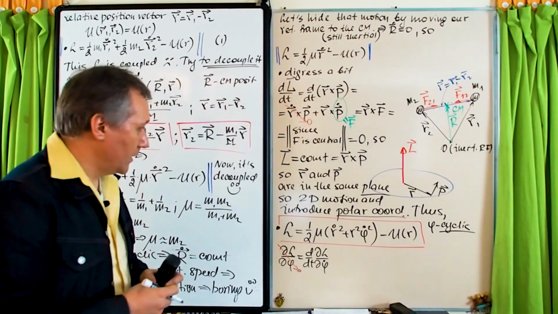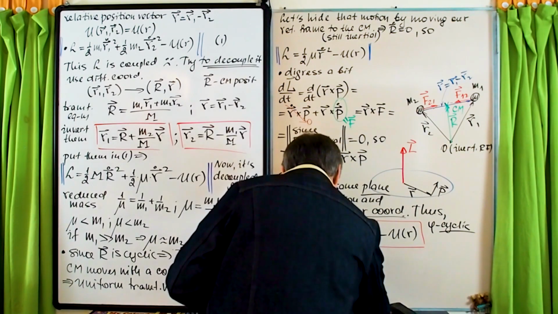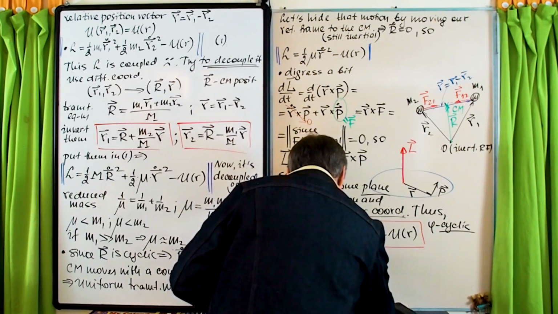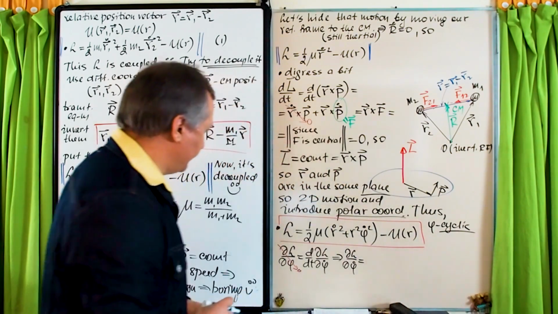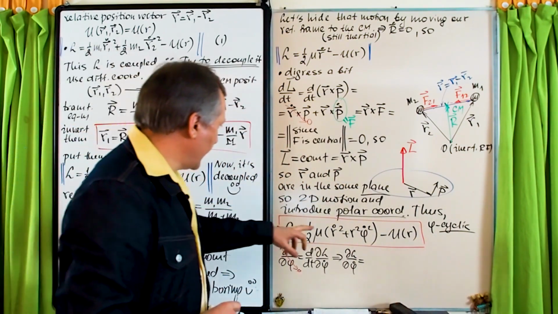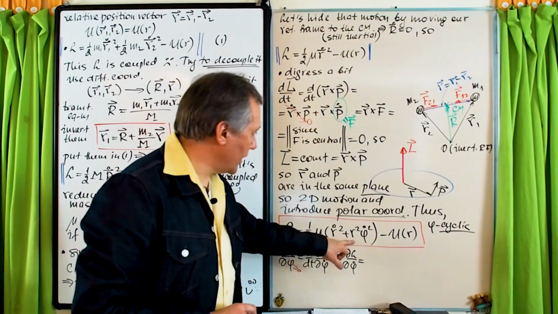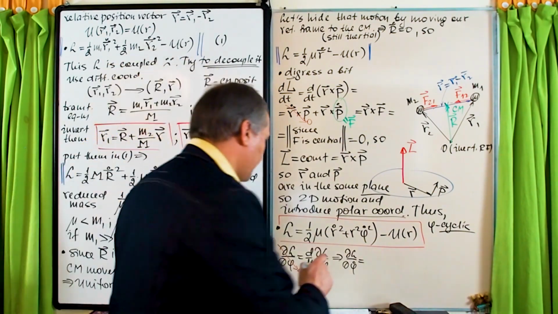So phi is cyclic. Of course we can write the partial derivative of L with respect to phi dot. It will be what? Phi dot is here, so it will be mu r squared phi dot, right?